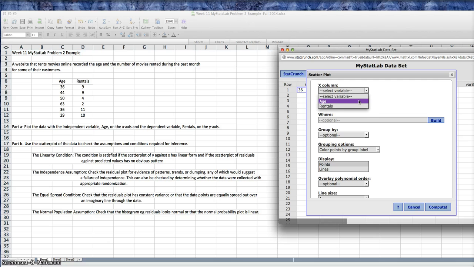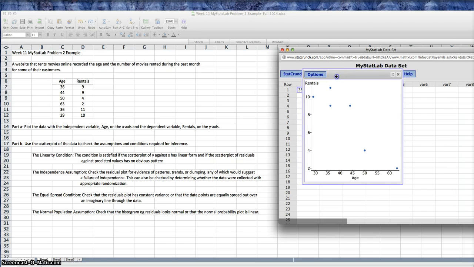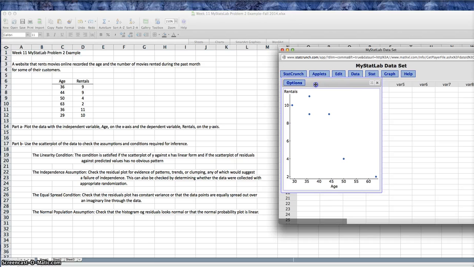Problem told us to put age on the X and rentals on the Y. That's all we got to do, and hit compute. So here is our scatter plot. Put it right there so we can take a look at it.